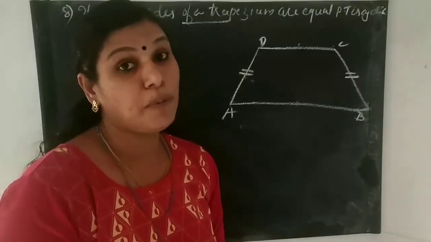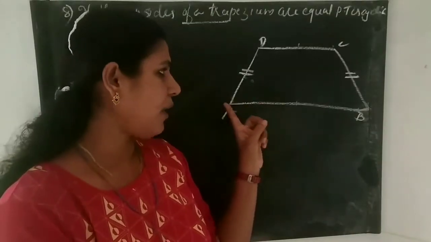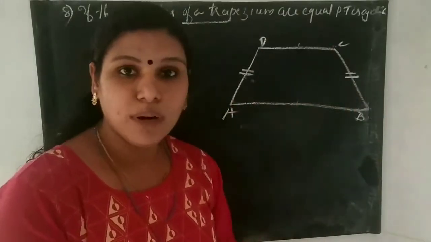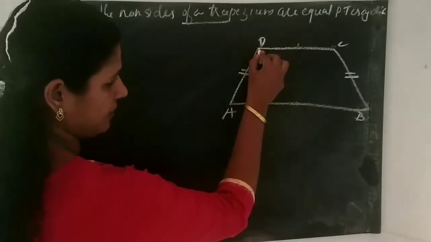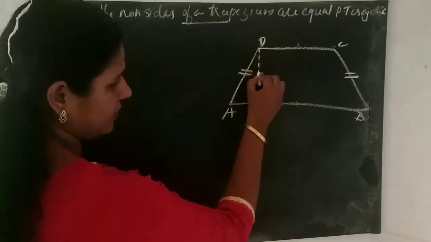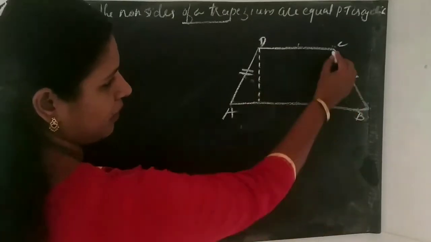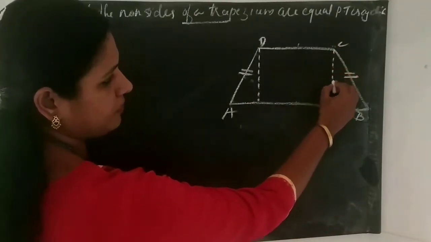That is the sum of opposite angles of the cyclic quadrilateral is 180 degree. So here we have to prove angle A plus angle C equal to 180 and angle B plus angle D equal to 180 degree. For that, first we draw a perpendicular. Here it's an extra one, so I draw a dotted line.